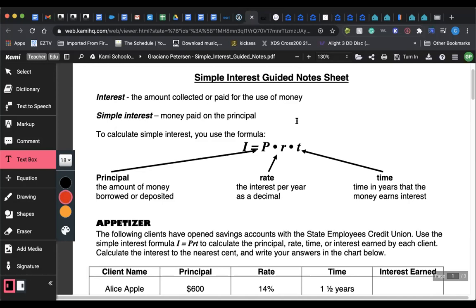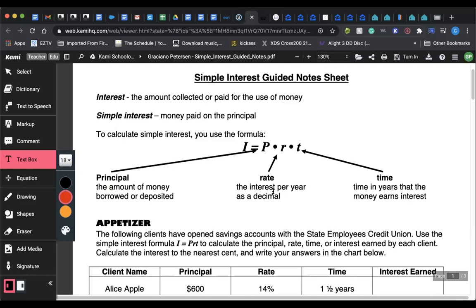In order to calculate simple interest, you need this formula here that is I is equal to PRT, right? Of course, I is for interest. P is for your principal, right? Which is the amount of money that you are borrowing or depositing. Your rate, right? Which we learned earlier this week.